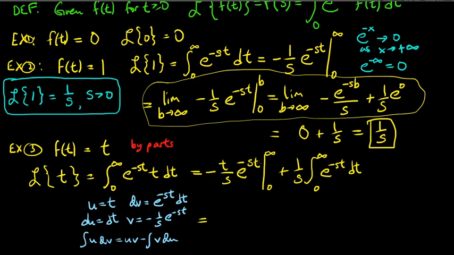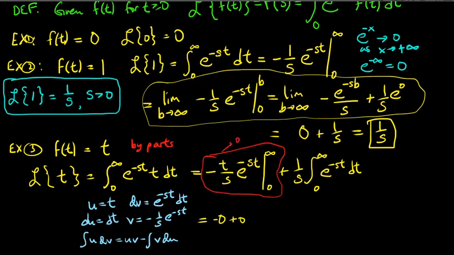You get infinity times 0, but if you use L'Hopital's rule, you'll see that you get 0 here. And then minus, when you plug in 0, you also get 0. So this whole thing just becomes 0.